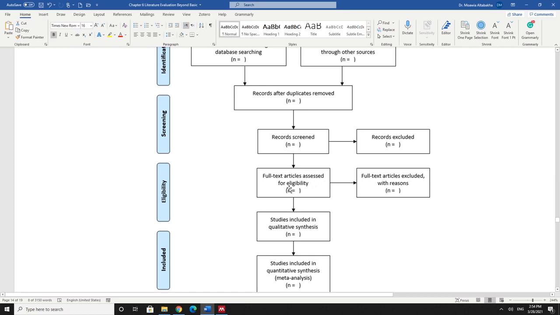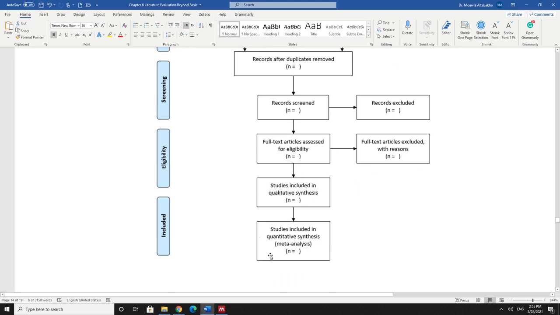Now, if you remove some full-text articles, you need to state the main reasons why you removed them. For example, from the 50 articles you removed 10. Why? So now you have 40. So the studies included in the qualitative or quantitative synthesis are 40, not 50.